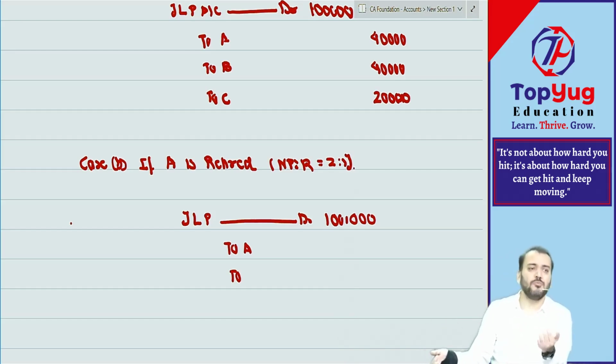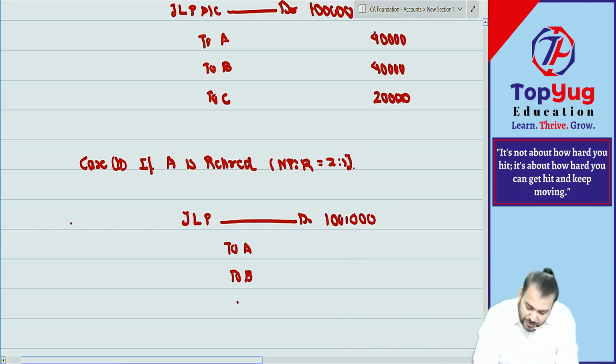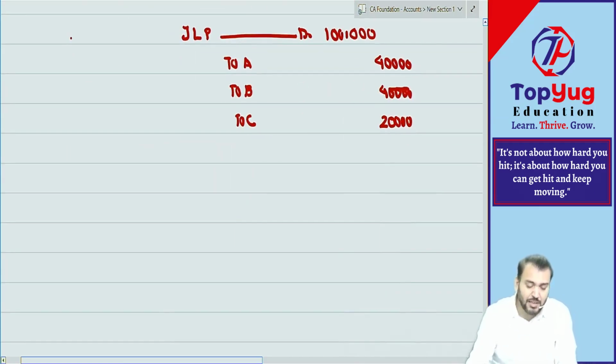If you do revaluation for debtor, that revaluation loss or profit is transferred to A, B, C. It will go to A, B and C. Understood? The concept does not change. The basic concept will remain the same. Stick to the concept.